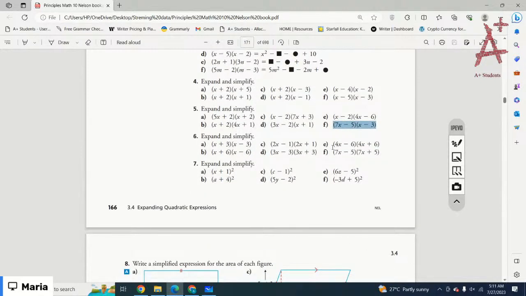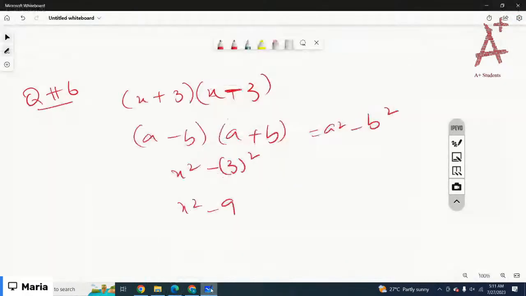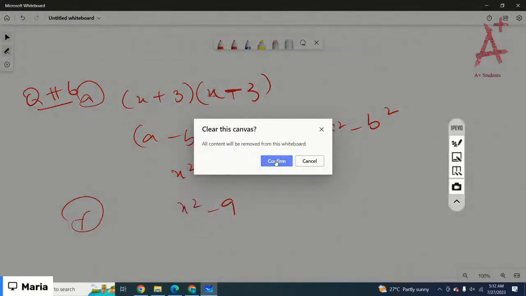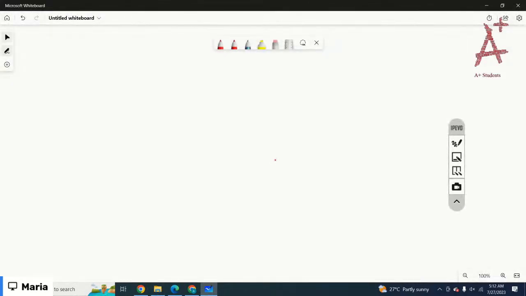Okay, the next one is 7x minus 5 times 7x plus 5.